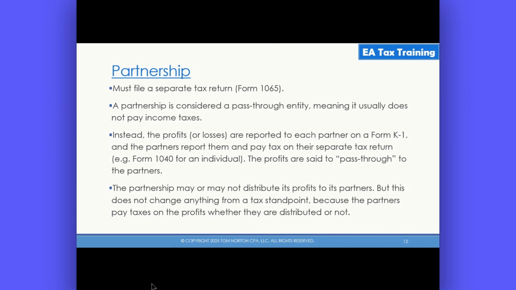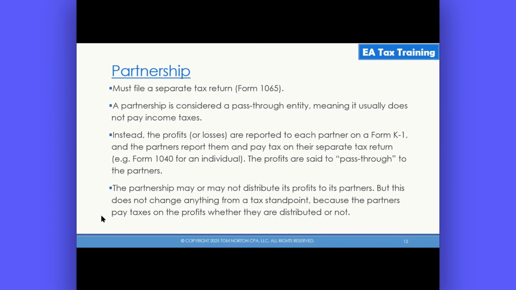This last point here says the partnership may or may not distribute its profits to the partners. So the partnership has profits. That doesn't mean they are necessarily distributing any cash out to the partners. But that doesn't change anything from a tax standpoint, because the partners are going to pay taxes on the profits whether they are distributed or not. So let's say you have two partners, they're equal partners, and the partnership makes $50,000 for the year.